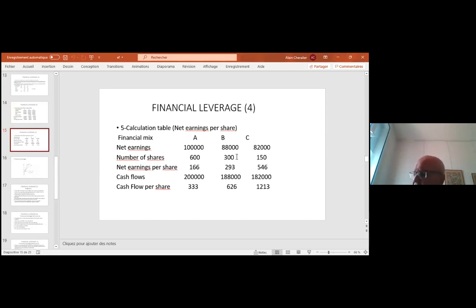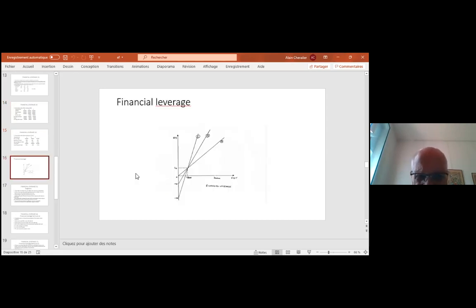You make the division, 24,000 divided by 300, it's equal to minus 40. So what does it mean on your graph? It means that you have a point here, which is minus 40. When the EBIT is equal to 0, your earning per share is equal to minus 40.